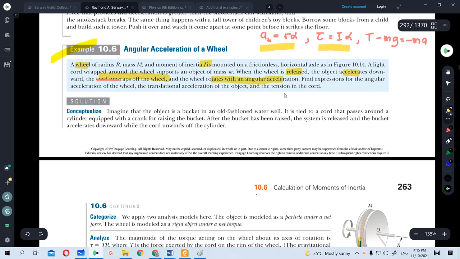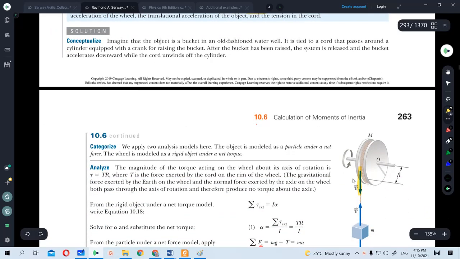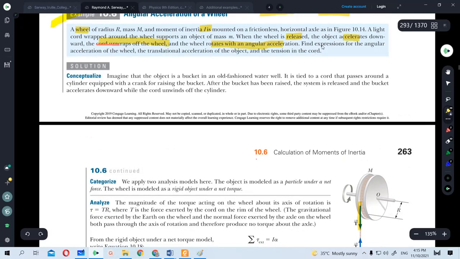So the story is it has an angular acceleration because now the tension is applying torque to the whole wheel. Your task is to get an expression for the angular acceleration by relating it with the tension and also the acceleration. Okay, where are those values?